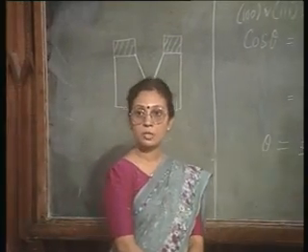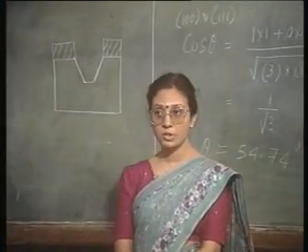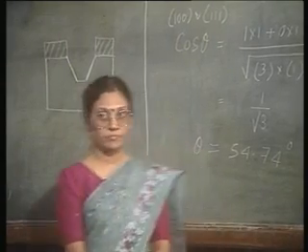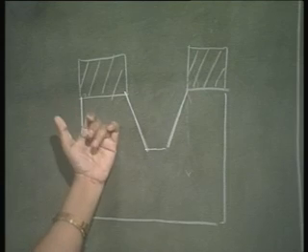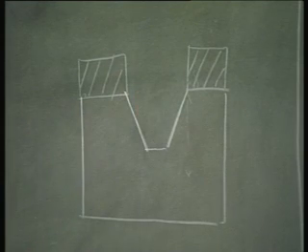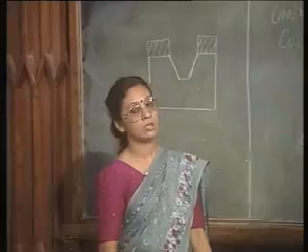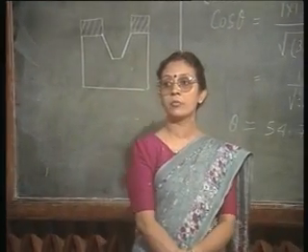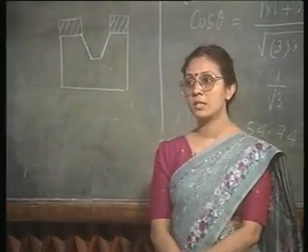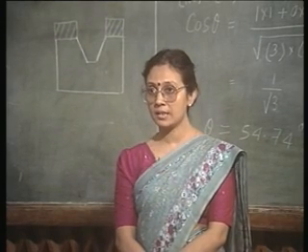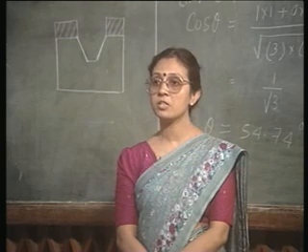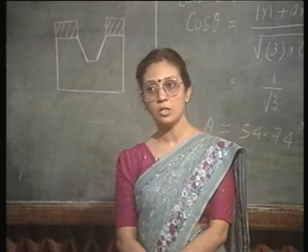It can also be used in isolation between two devices. If you can etch it down, you can have one device here and the other device here. It is also used nowadays. There is a lot of interest generated in micro machining of silicon, and this selective etching is very much used for micro machining of silicon.